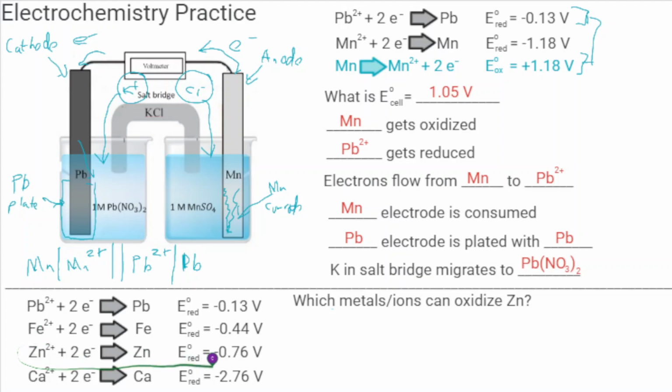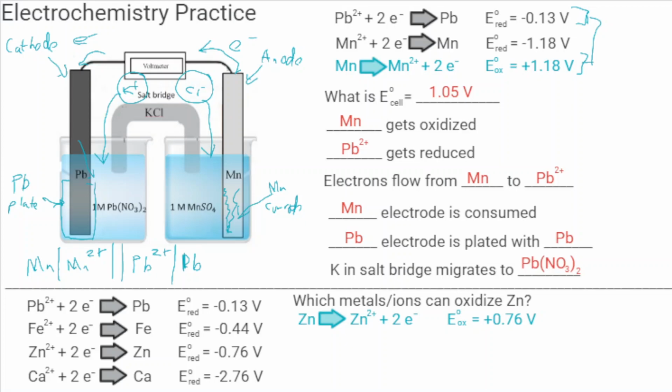So for oxidizing zinc, we're going to flip this reaction. We're going to trade the products and reactants. So we're left with zinc, and then we'll actually have an oxidation half reaction. When we do that, we get zinc yielding zinc 2+ plus 2 electrons with a standard oxidation potential of a positive 0.76. So just changing the sign on the reduction potential.